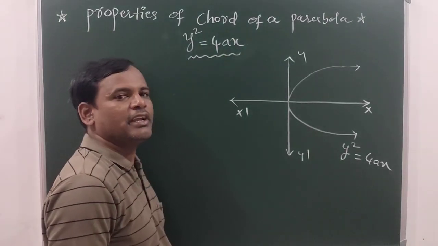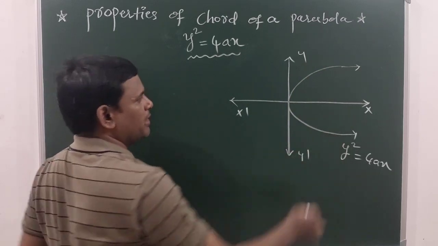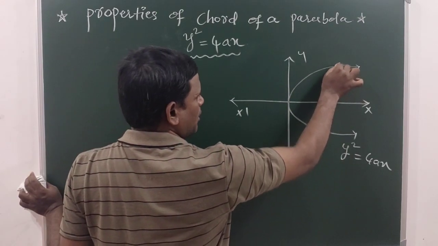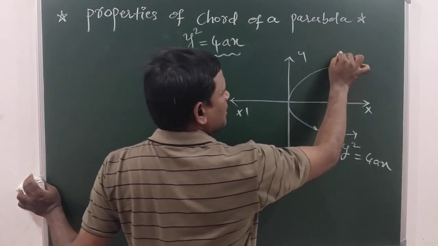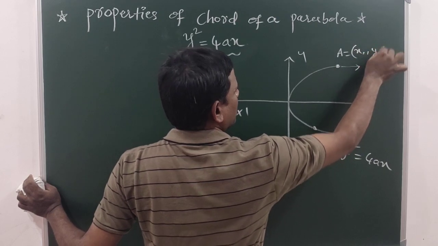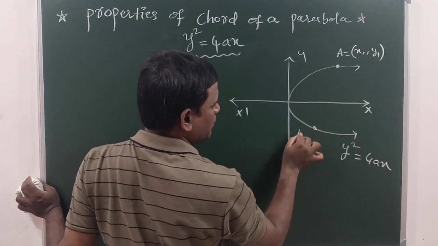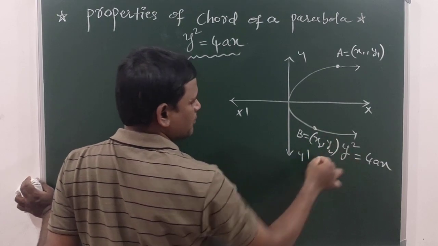So consider any 2 points on this y square equal to 4ax. I am considering any 2 points on this curve, and let us say whose coordinates are A (x1, y1) and B (x2, y2).